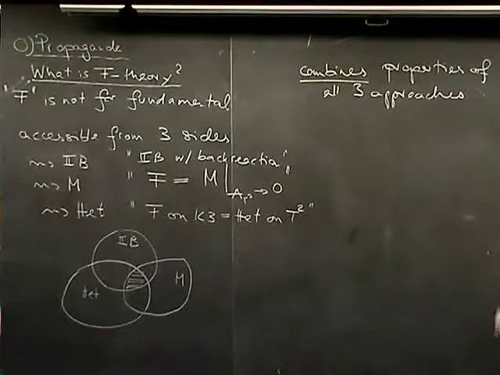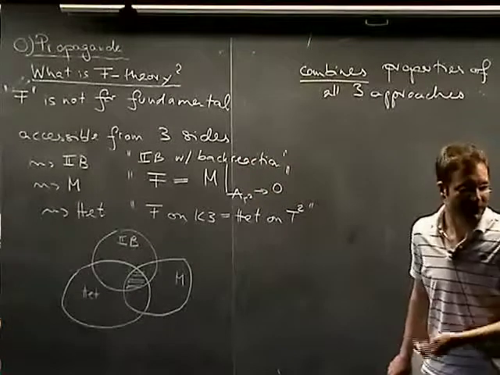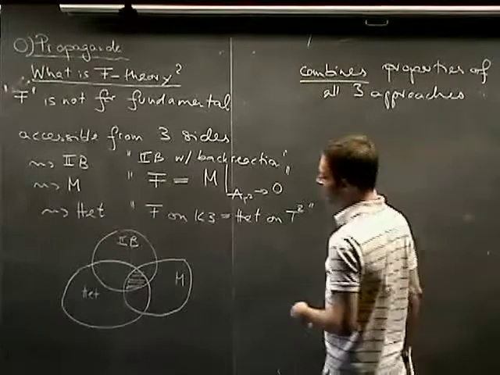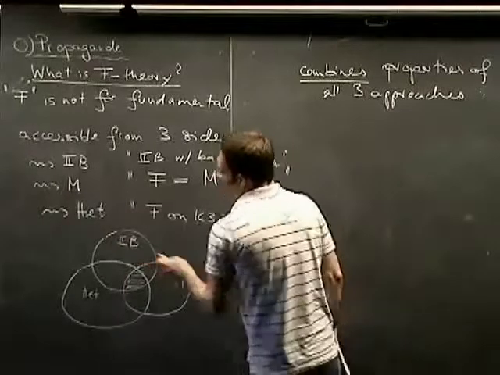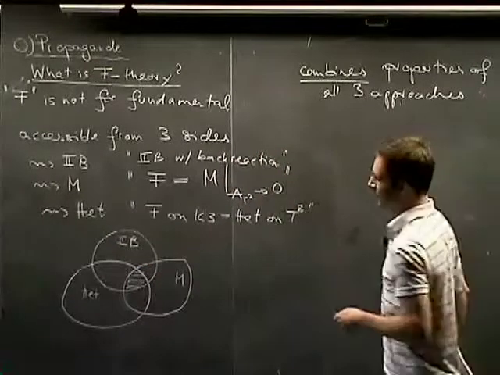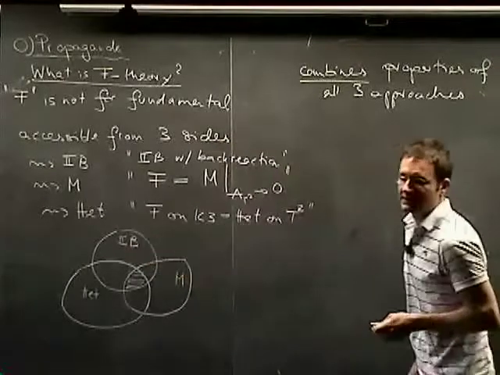Most prominently, it combines the appearance of exceptional gauge groups, exceptional gauge symmetry, which is known in the heterotic string and in M-theory, with the localization of the degrees of freedom, which is also known in M-theory, but in particular in type 2b.